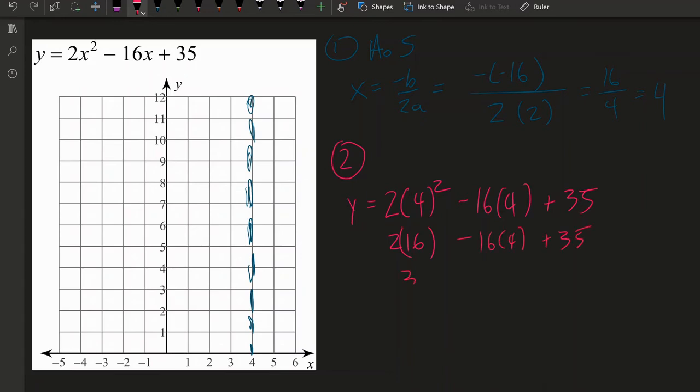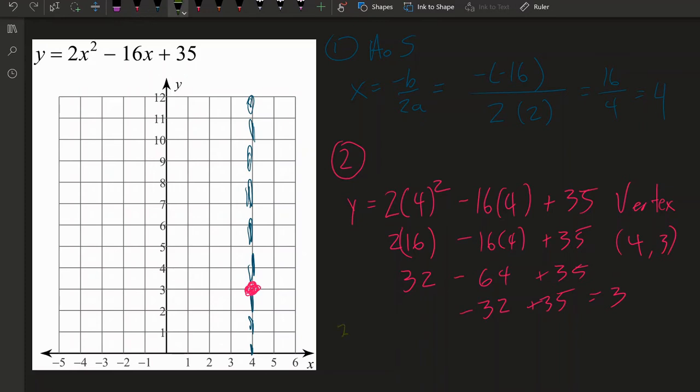Doing multiplication next, 32 minus 64 plus 35. This would be negative 32 plus 35, which would be positive 3, which means my vertex is located at 4, 3. Just like that.